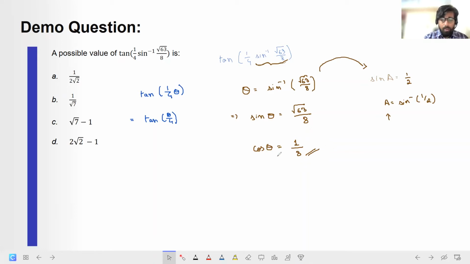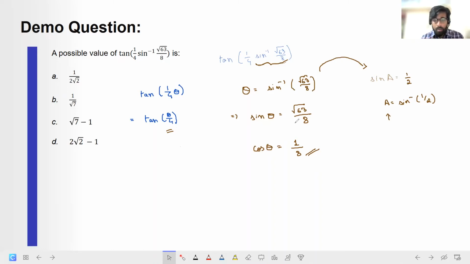Now, I know what cos theta is, but what I need to find out is tan of theta by 4. So I need to make sure the angle is being divided by 4, isn't it? In these kinds of cases, we'll be using certain formulas, for example, formulas which have twice A in it or twice theta in it.